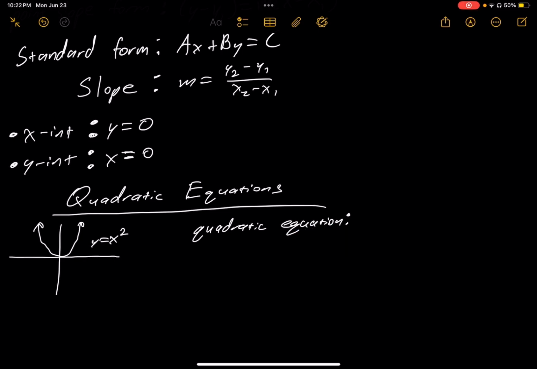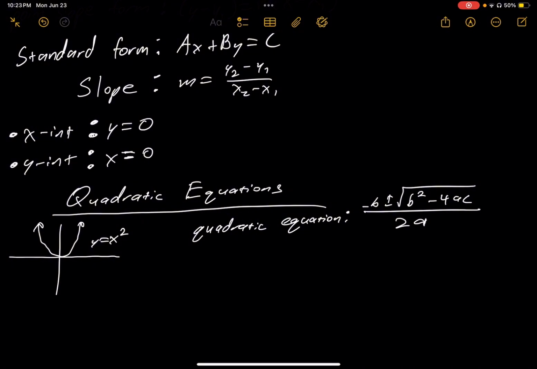And this is known as negative b plus or minus the square root of b squared minus 4ac over 2a. And remember, these values of a, b, and c are found in your quadratic.